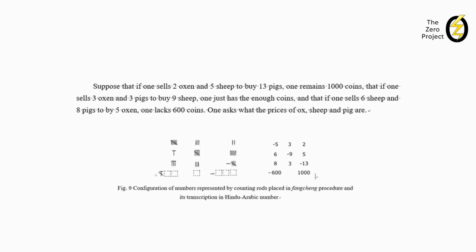The former corresponds to what one calls a negative number, and the latter corresponds to a positive number. However, there are subtle differences between the calculation of these numbers and that of today's positive and negative numbers.